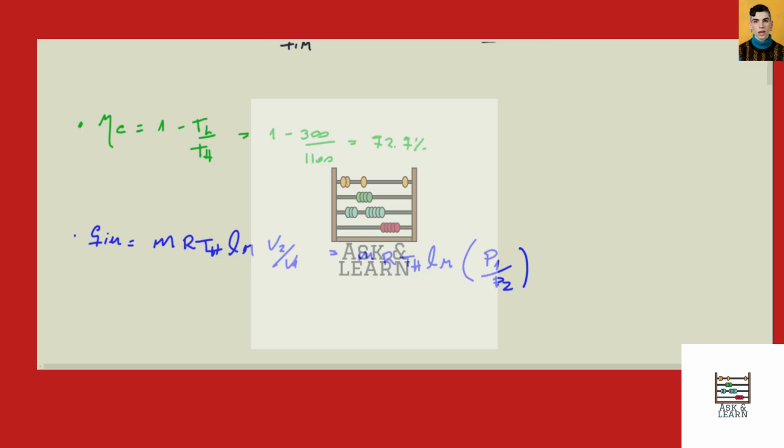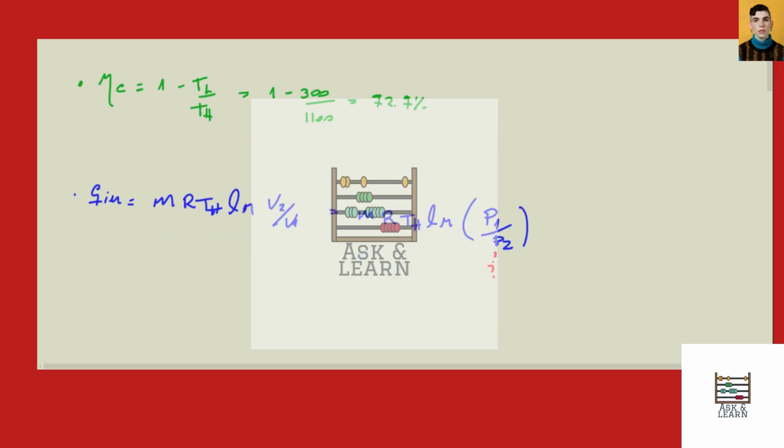But again, we do not have pressure 2. So we can use the transformation between 2 and 1 because we know it's an isentropic transformation.